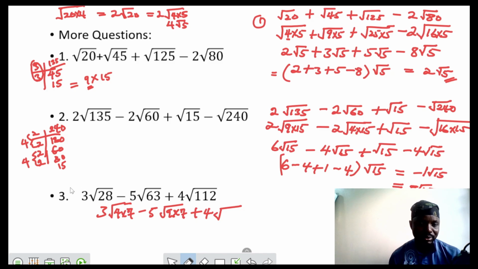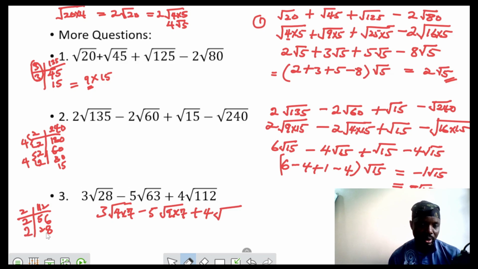What is 5? I don't know the factor. Since I don't know the factor, just come to one side here and write 112. 2 can go in 112. 2 in 11 is 5, remainder 1. 1 in 12 is 6. So 56 is not a perfect square. Let's go again. 2 in 56 is 28.